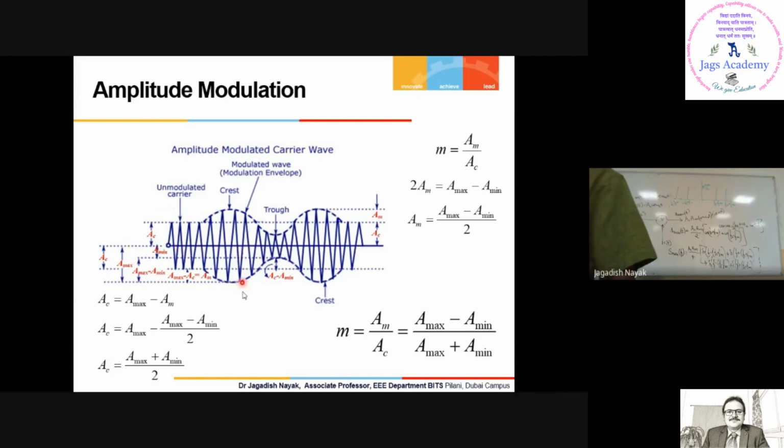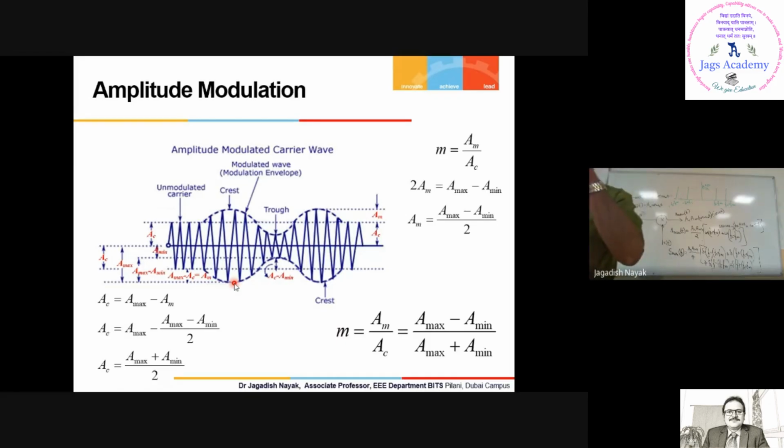Now see here, from here to here is A max. Try to understand this. From here to here is A minimum. Now, what is the distance from here to here? 2 times A max. What is the distance from here to here? 2 times A minimum. See here, this distance is A minimum. This distance is A max.